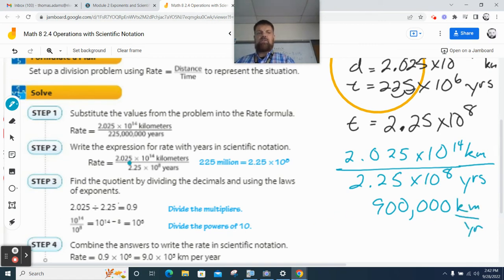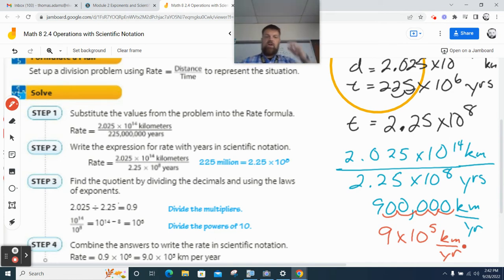And if we do scientific notation on that, we would count 1, 2, 3, 4, 5. So it'd be 9 times 10 to the 5 kilometers per year, if I did my math right.